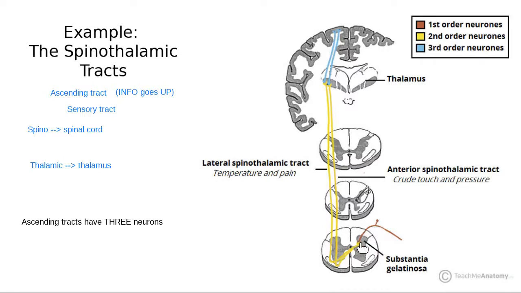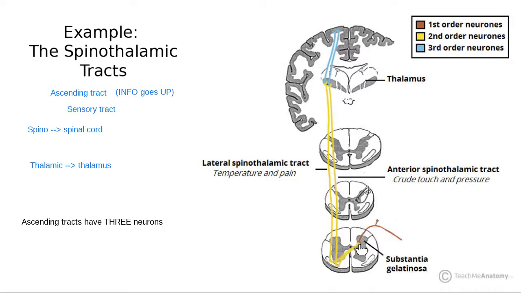That interneuron, when we're talking about tracts, is what we call the second order neuron. The second order neuron gets this sensory information and says, wait a minute, this is above my pay grade. I don't know what this means. I can't do anything with this.